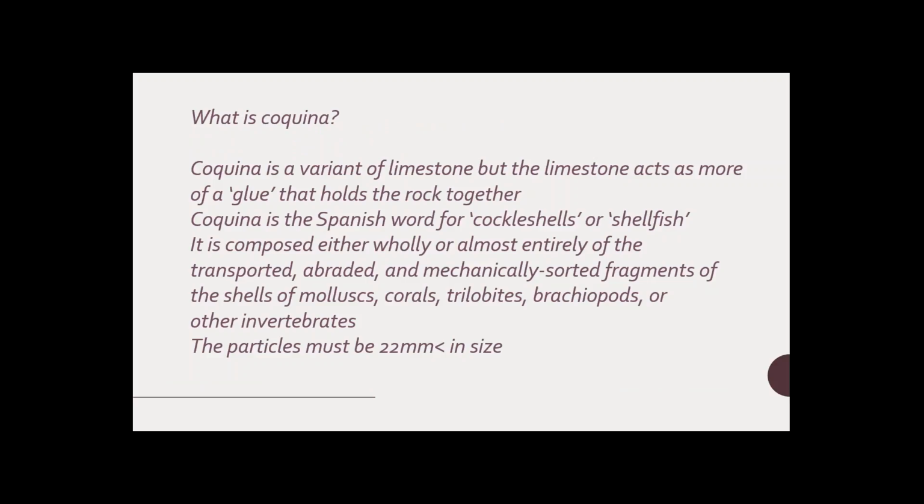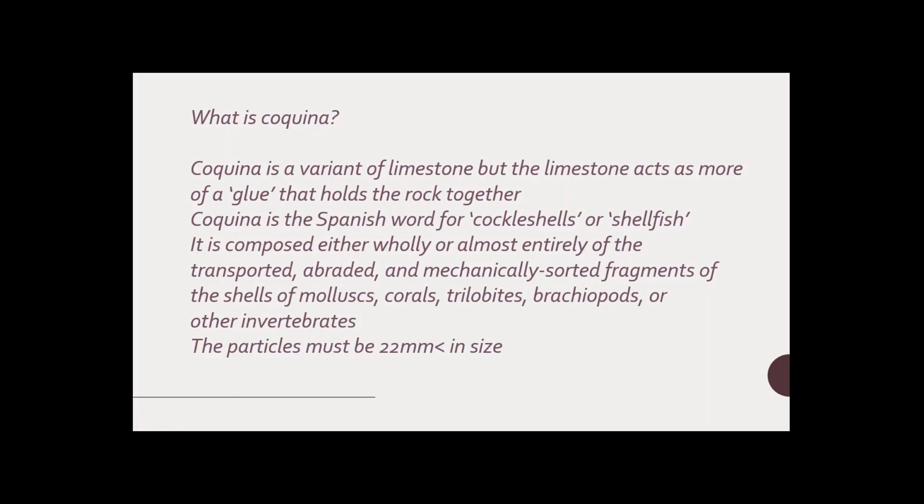The second thing we're going to go over is coquina, which is actually a variant of limestone, but it doesn't have that much limestone in it. It actually acts more as a glue that keeps the rock together. Coquina is the Spanish word for shellfish or cockshells.